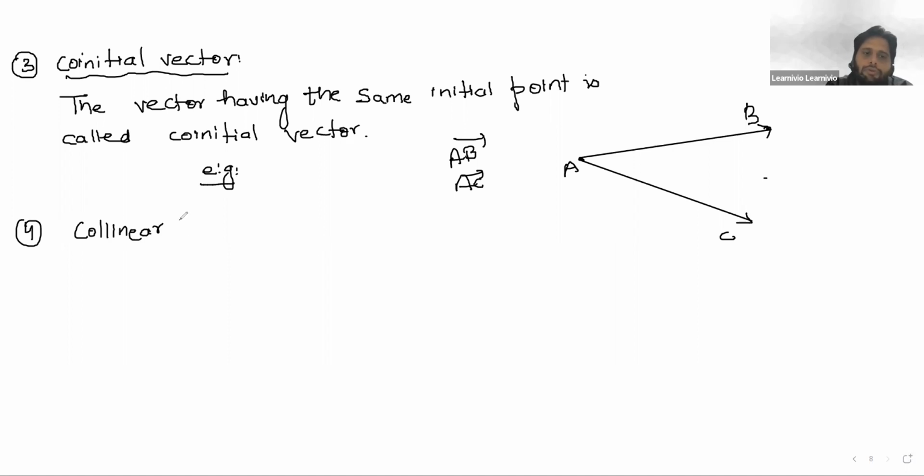Fourth is collinear vectors. This is very, very important.